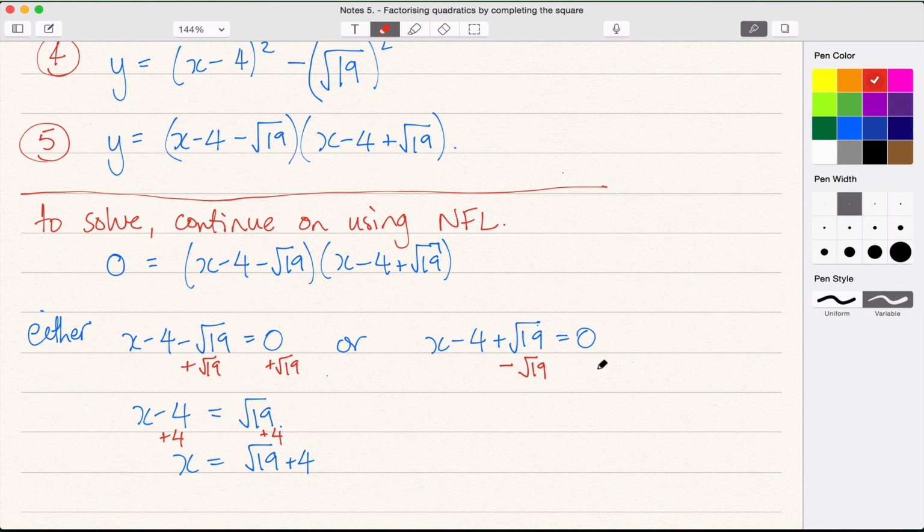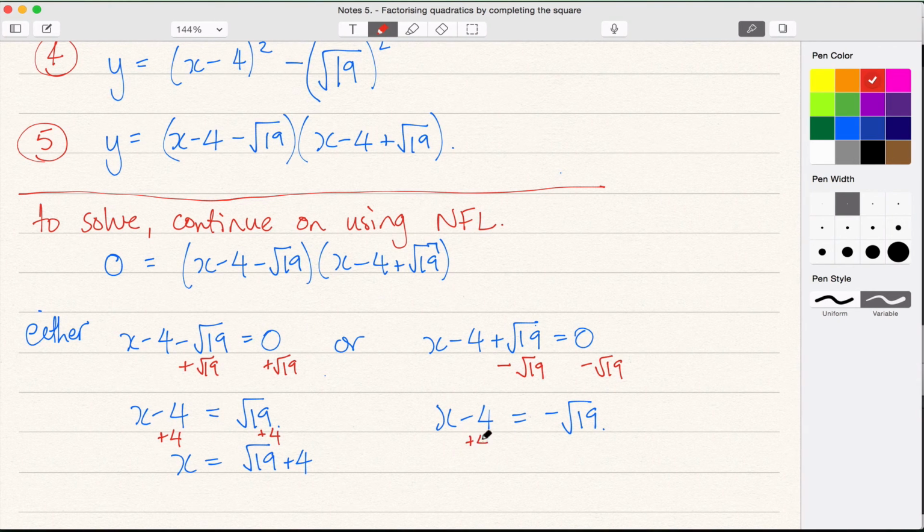Subtract root 19 from both sides. X minus 4 equals negative root 19. And then we add 4 to both sides. X equals negative root 19 plus 4. And these will be your two solutions if you're asked to solve, because we've got it in x equals form.